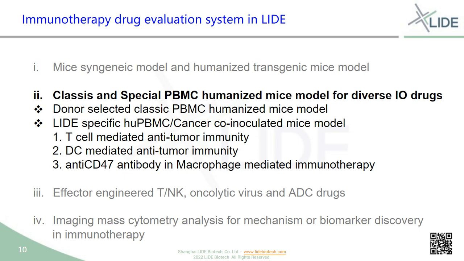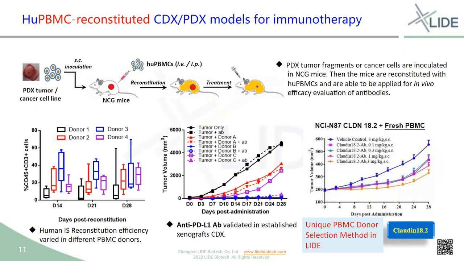Now I will mainly introduce the PBMC humanized model here, optimized and developed at LIDE Biotech. One is our donor selected classic PBMC humanized mice model. Here PBMC donors were selected and transferred to tumor bearing NCG mice and given drugs to test for in vivo efficacy.